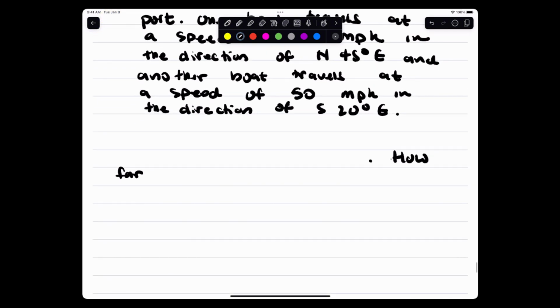Okay, southeast. Now they're going to ask you what? How far apart? Okay, so we'll do this south 20 degrees east. How far apart are the boats?